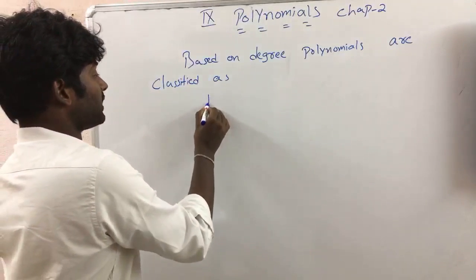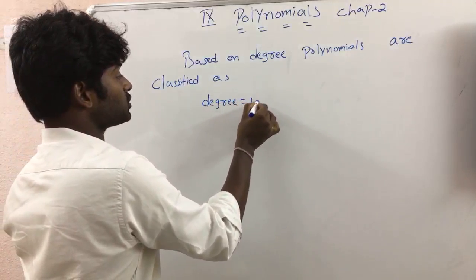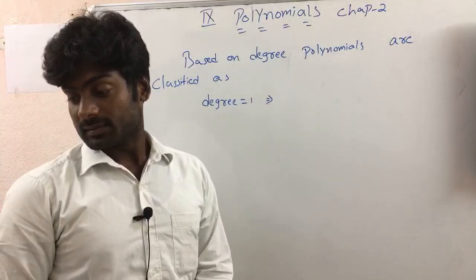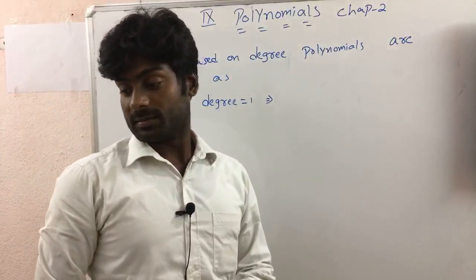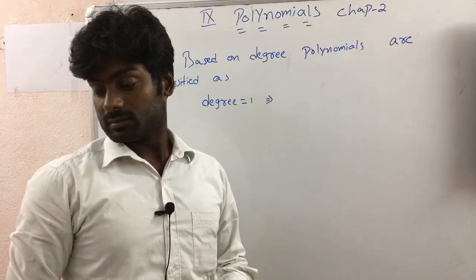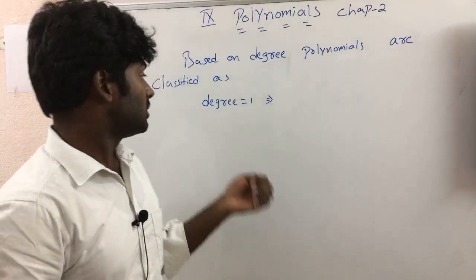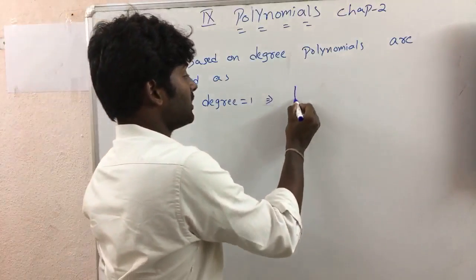First of all, if I take degree equal to 1, what is the name of the polynomial? Those who are watching the video can type in the chat box. If degree equal to 1, what is the name of the polynomial?